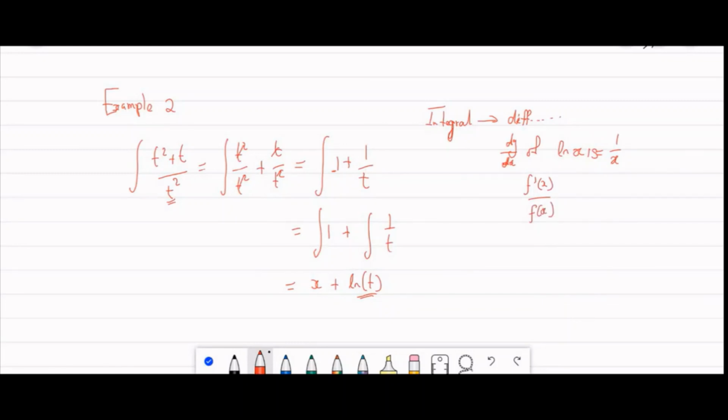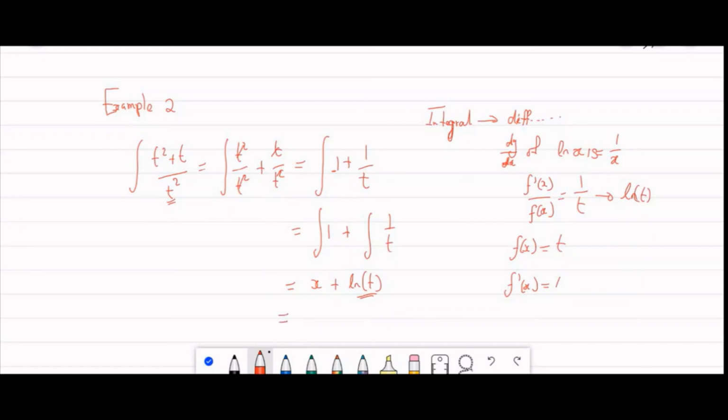In this case, f(x) is equal to t and f prime(x) is equal to 1. If we apply this formula, we have 1 over t, which gives us ln t.